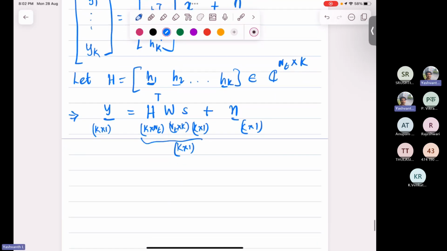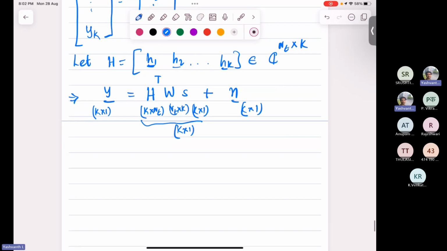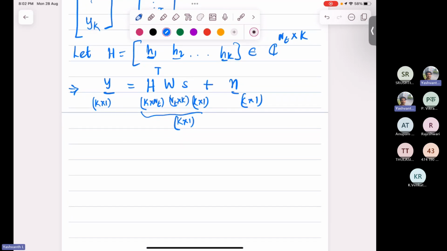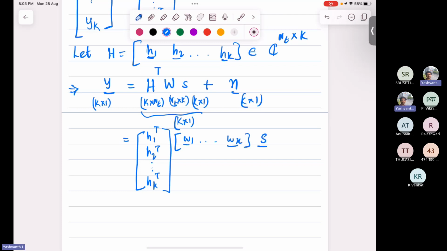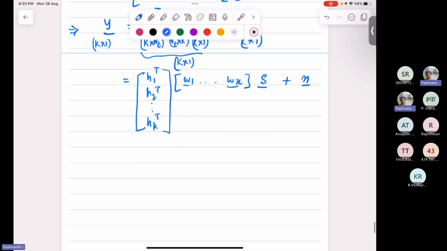Now, what is the requirement? What does inter-user interference nullification mean? H transpose is nothing but H1 transpose, H2 transpose, and so on till HK transpose, times W, which is W1 and so on till WK, times S vector plus N. Let me take the first user.